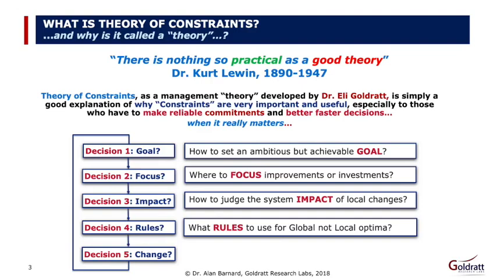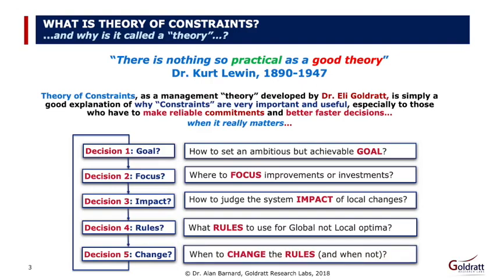The fourth decision that's really useful, that we'll pay quite a bit of attention to in today's webinar, is what are the best rules to use to achieve global and not just local optimization? This is a hard question to answer because often the rules that we need for global optimization are quite counterintuitive from a local perspective or from a short-term perspective. And of course, the last part is when to change the rules.